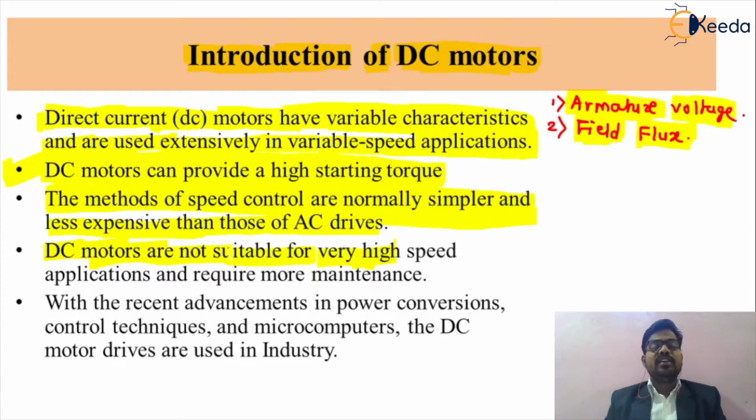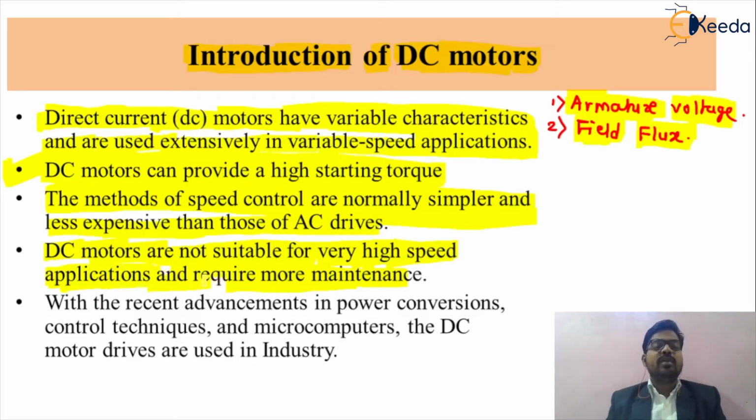This is in concern with the advantages, but as for the disadvantages, DC motors are not suitable for very high speed applications and require more maintenance. Why are DC motors not suitable for very high speed applications? Because in a DC motor we use a commutator.